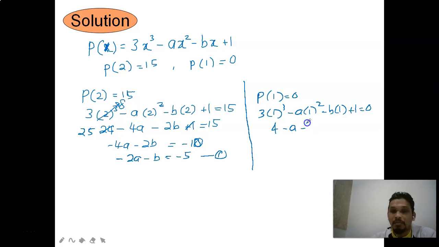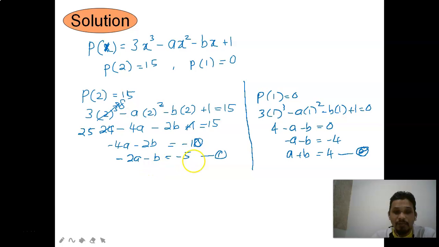Minus a minus b equal to 0. Then negative a minus b equal to negative 4. So bring 4 to the other side, become negative, multiply by negative 1, here becomes a plus b equal to 4. Equation 2.